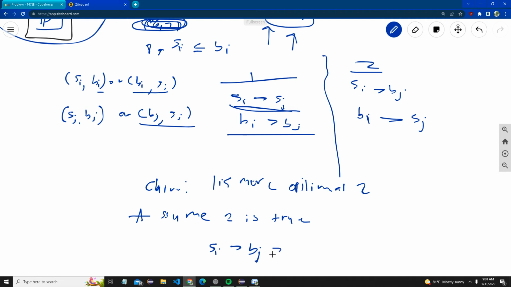You also know that B sub j is greater than S sub j. And you know that B sub i is greater than S sub j, but you also know that B sub i is greater than S sub i. And B sub i is obviously greater than S sub j, right?